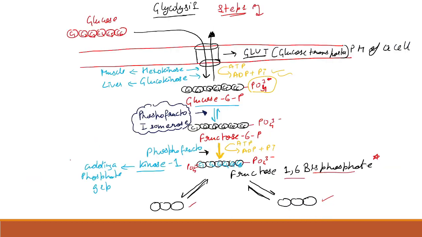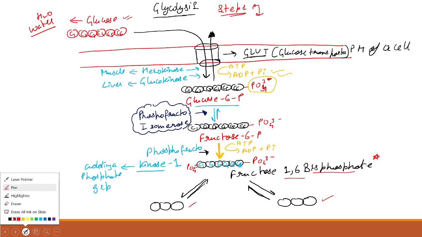So an overview of this: in glycolysis, the glucose molecule is water soluble, and because it is water soluble, it becomes difficult for a glucose molecule to enter the cell, and for that we need a channel protein, known as GLUT. Then in the first step we stabilize this glucose molecule by adding a phosphate group with the help of the enzymes hexokinase and glucokinase.